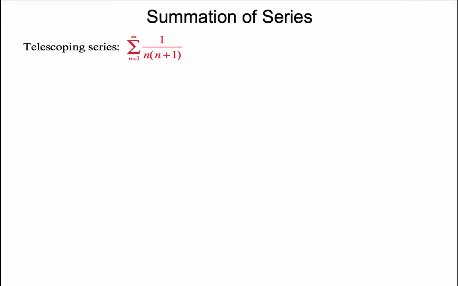There's another series whose sum we can calculate quite easily. It's called a telescoping series for reasons that you'll soon see. Here, the basic observation is the following. I can write 1 over n into n plus 1 in a slightly different way: 1 over n minus 1 over n plus 1.